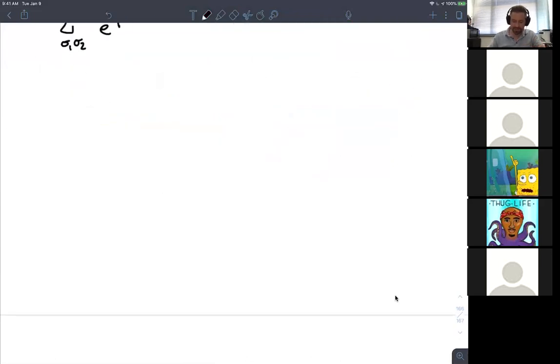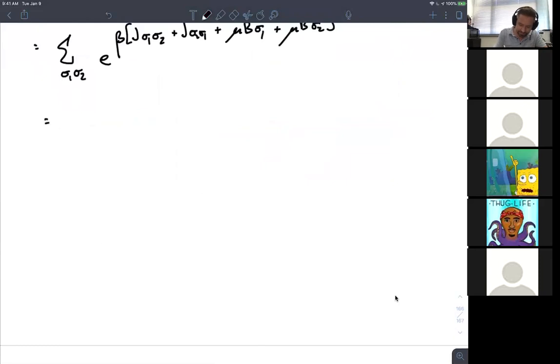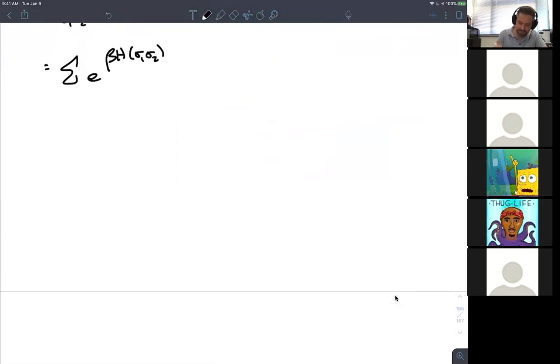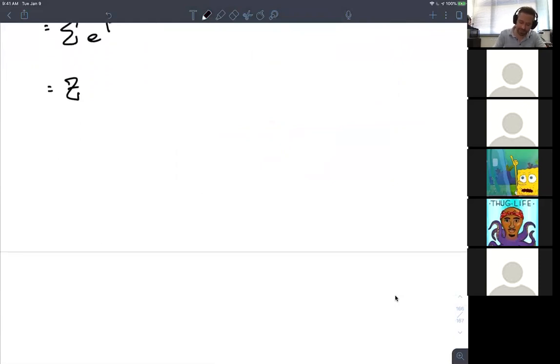In other words, what this thing is, this is e to the beta h. In other words, this is the partition function. Okay, so this is the partition function for two spins.